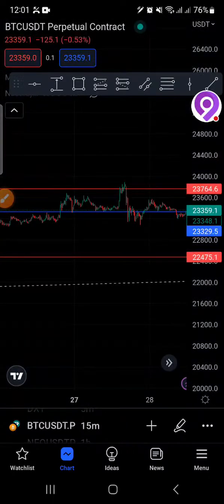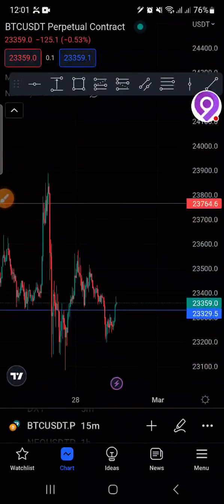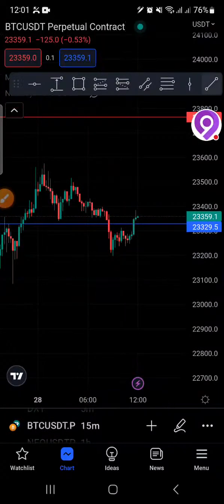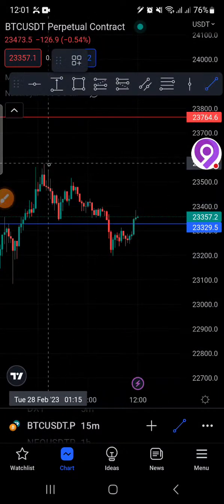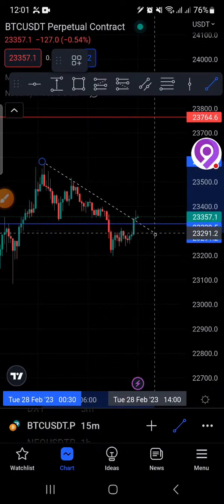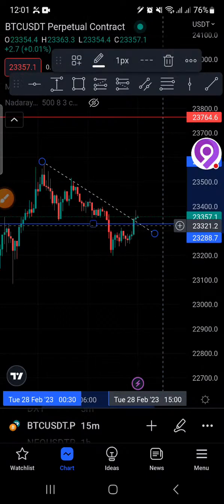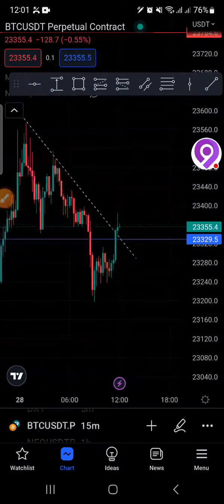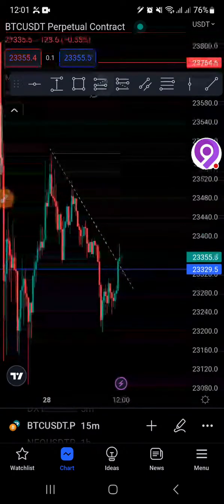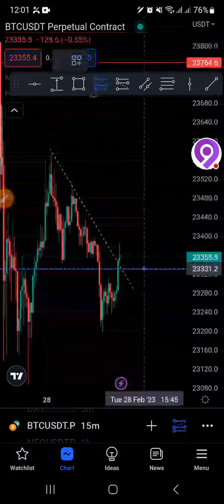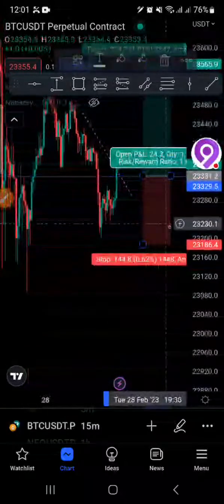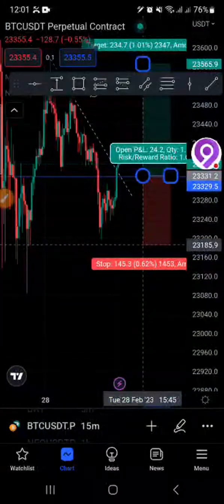On the 15 minutes time frame, we have this nice double bottom breakout. BTC just broke out from that trend line. Can you see that? It might probably test this blue line then go all the way to the top. So we're going to have something like this, about 1%, and this is your stop loss.